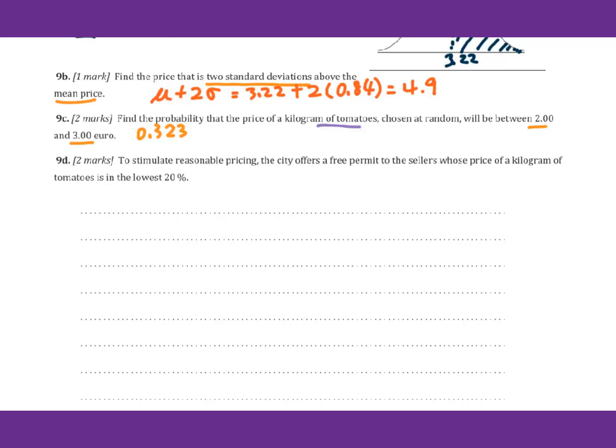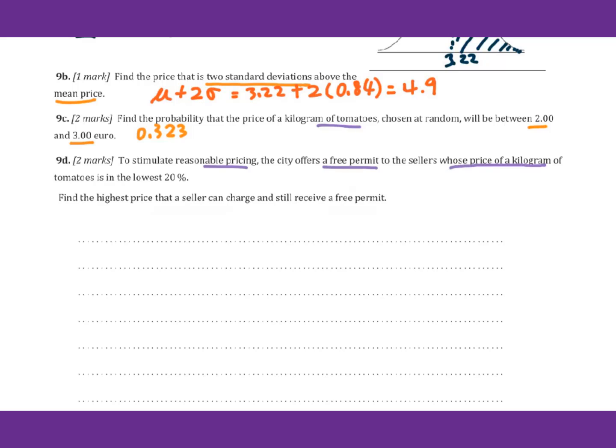Let's go to 9D. To stimulate reasonable pricing, the city offers a free permit to sellers whose price of a kilogram of tomatoes is in the lowest 20%. Find the highest price that a seller can charge and still receive a free permit. According to this given information, we know the probability x less than a equals 0.2.